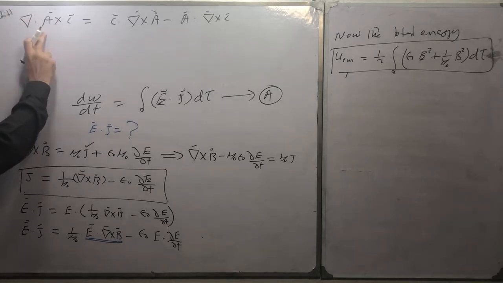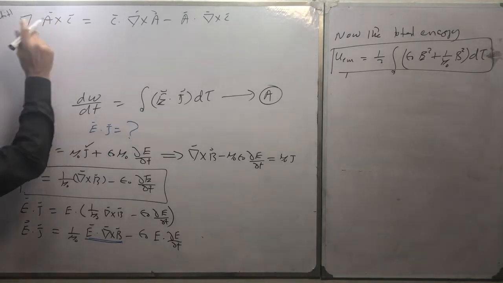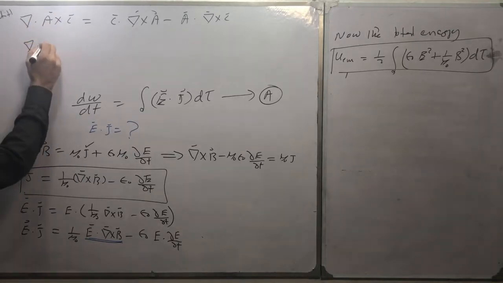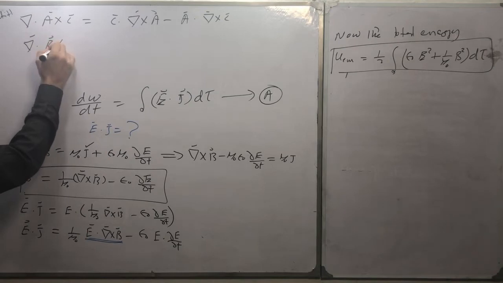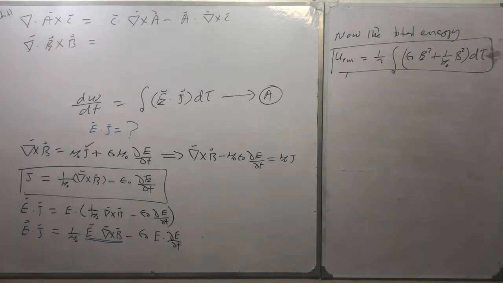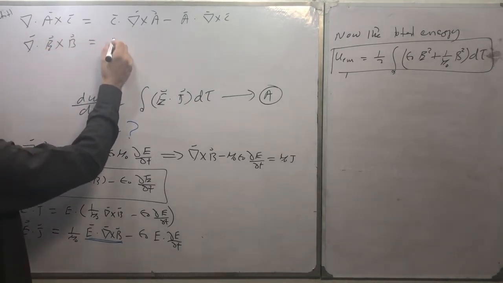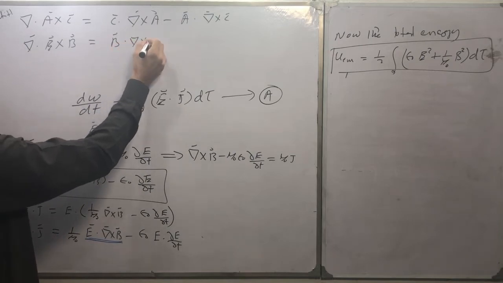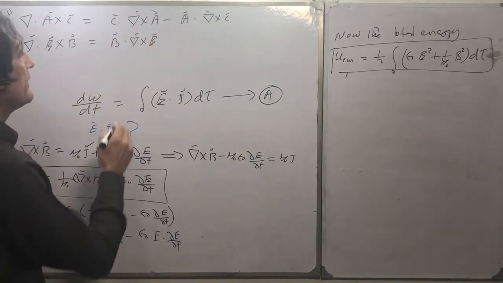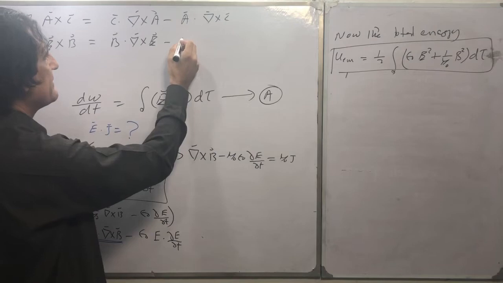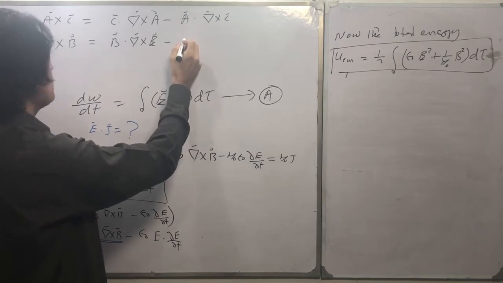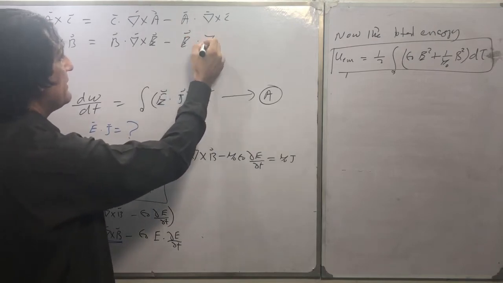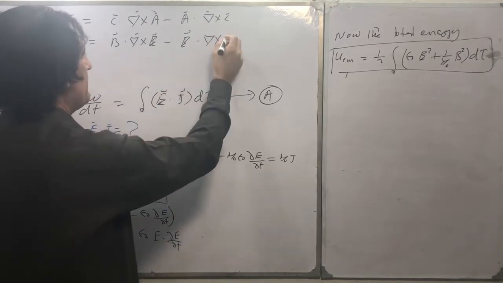Now we have the electric and magnetic fields, so we put A and B: del dot (E cross B) equals B dot (del cross E) minus E dot (del cross B).